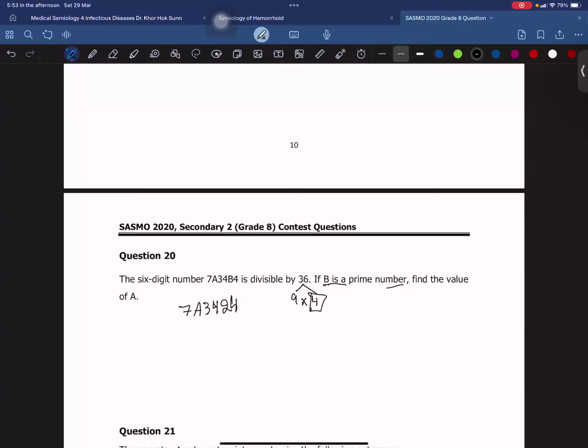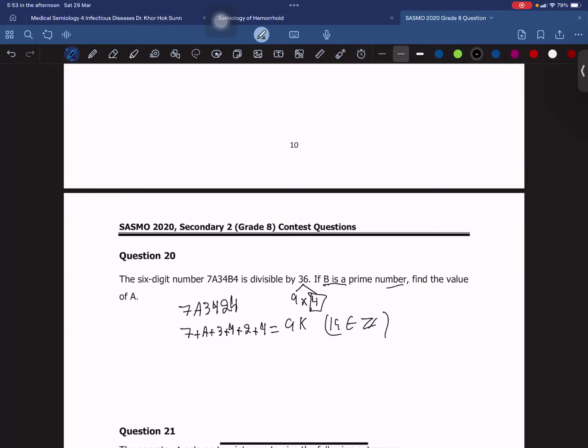All right. So do you know the rule for divisibility by 9? The sum 7 plus A plus 3 plus 4 plus 2 plus 4 must equal 9k, where k can be 1, 2, whatever, so it's a multiple of 9.